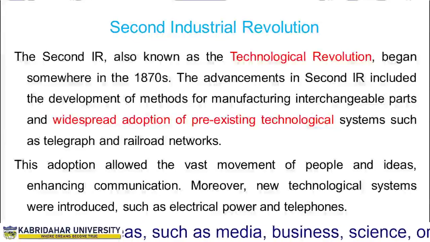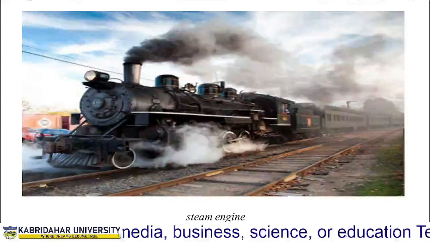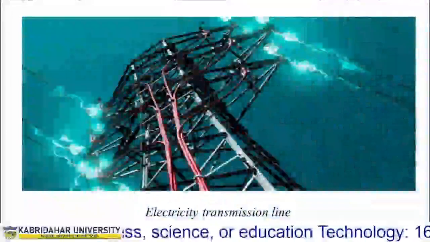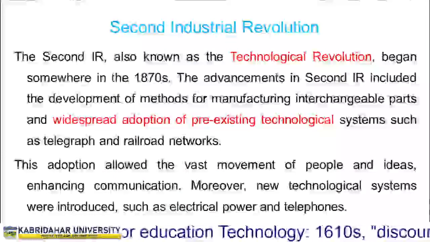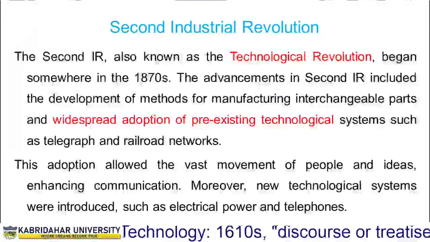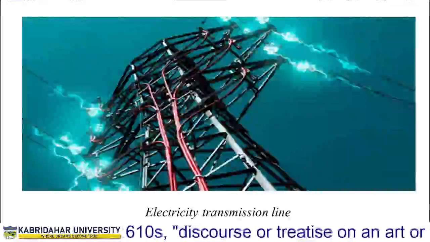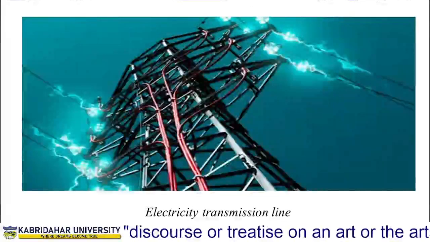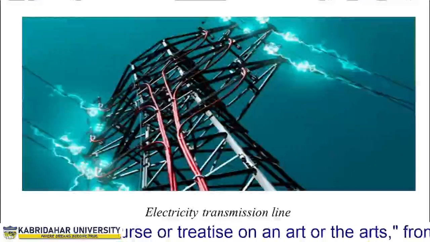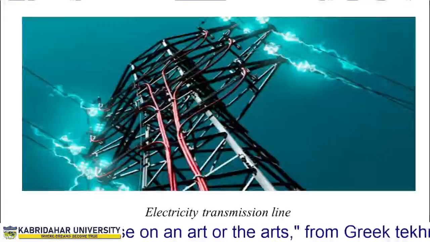So before that, in the first industrial revolution, the steam engine was introduced, but under the second IR, which began in the 1870s, electric power and the telephones were introduced. Under the second industrial revolution, what is introduced? Electric power and the telephones. The best example for the second industrial revolution is the electricity transmission line.